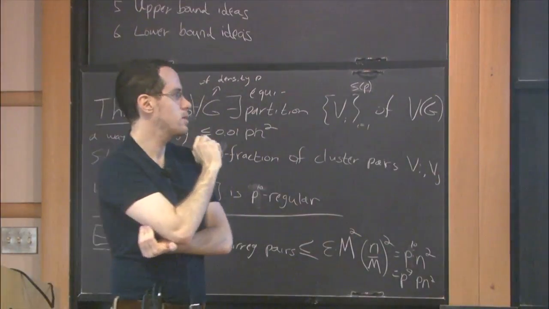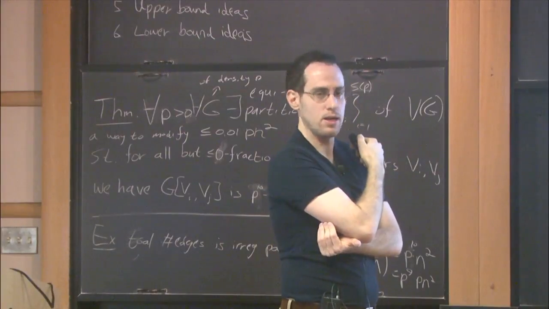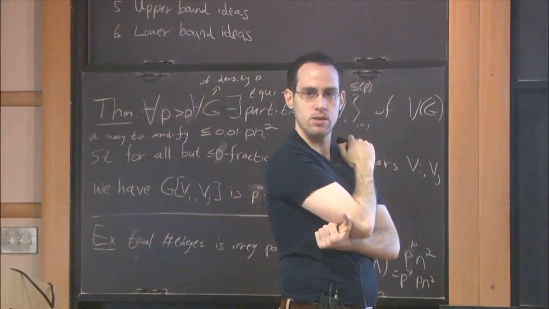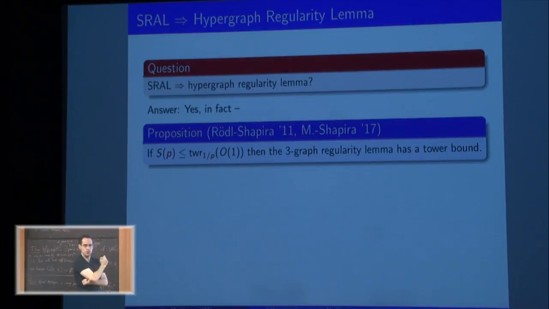If you can prove a bound for this SRAL which is exponential in 1 over P, just like the weak regularity lemma, or say double exponential or triple exponential, then when you prove the 3-graph regularity lemma, what you do is iterate the graph regularity lemma. In fact, instead of iterating the graph regularity lemma, we'll iterate SRAL. Of course, it introduces edge modifications, but it turns out not to matter for the proof of the 3-graph regularity lemma.